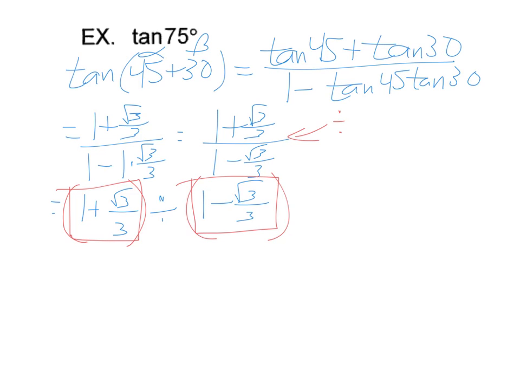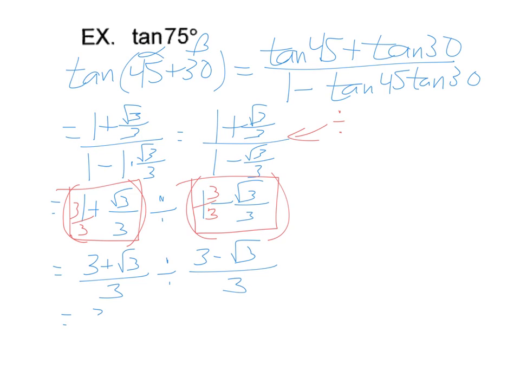So I need a common denominator to combine these fractions. It would be 3. So if I put a 3 on the bottom, I also have to put a 3 on the top. That gives me 3 plus the square root of 3 over 3 divided by, same thing on this second one. If I put a 3 on the bottom, I have to put a 3 on the top. 3 minus the square root of 3 over 3.